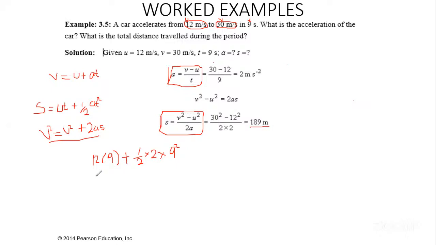So 12 times 9 is 108. Then 9 squared is 81.